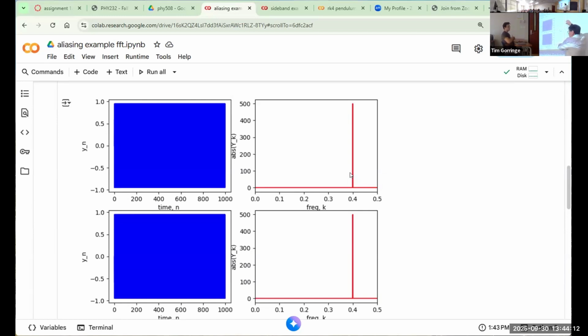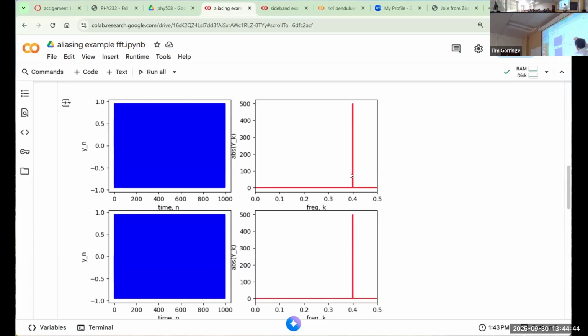I get these Fourier distributions. These are frequency distributions. They look exactly the same. The time distributions were very different. One was a 0.6 hertz, the other was a 0.4 hertz sinusoidal signal that I digitized or sampled at 1 hertz. But when I take the frequency distribution, I see the same frequency distributions.